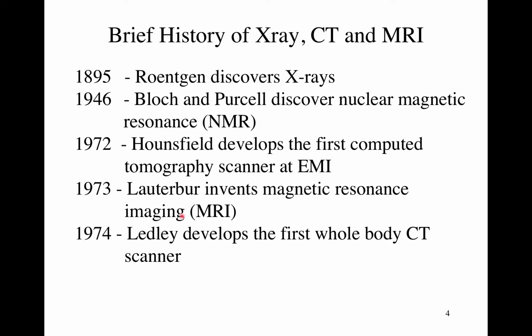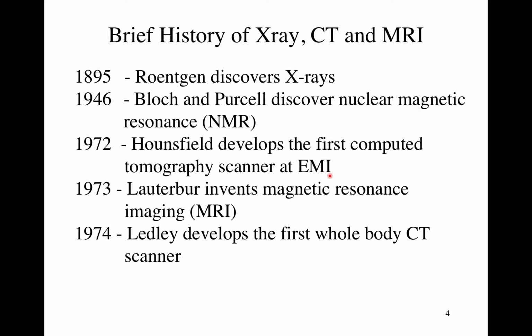Lauterbur was one of the first to do that. Hounsfield, at the same time, working at EMI, designed probably the first diagnostic X-ray CT scanner, in which he imaged the brain by taking an X-ray source and rastering it across in a line, and then changing the angle and rastering it across again, and then making a two-dimensional picture from that.